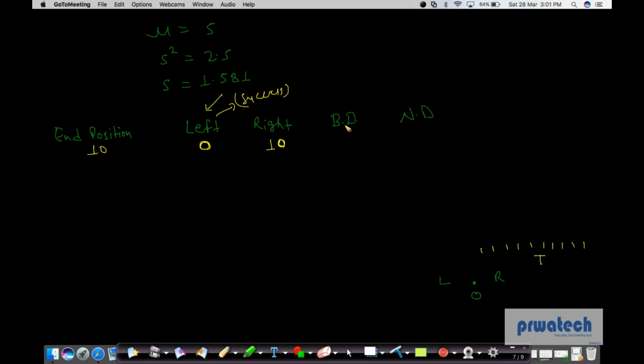So first we'll calculate the binomial distribution. What is the binomial distribution for probability of x? First I'll write the formula.